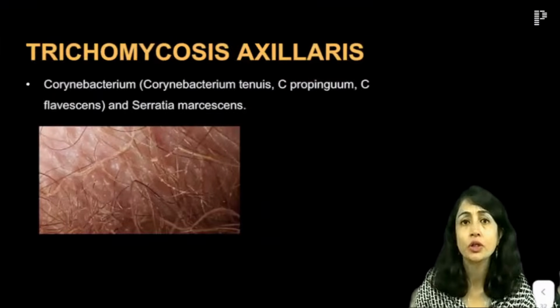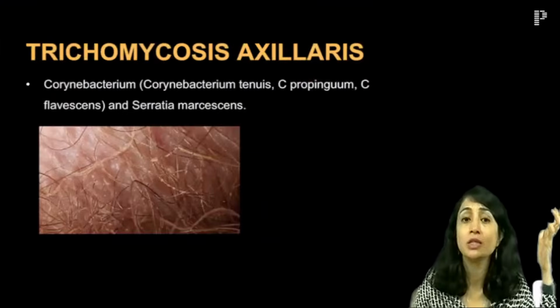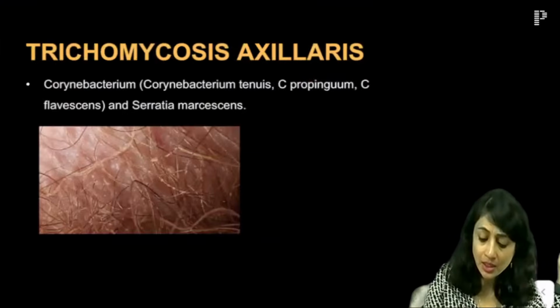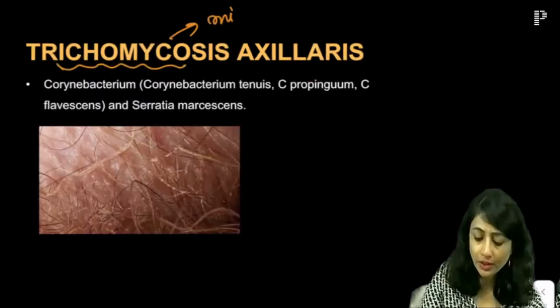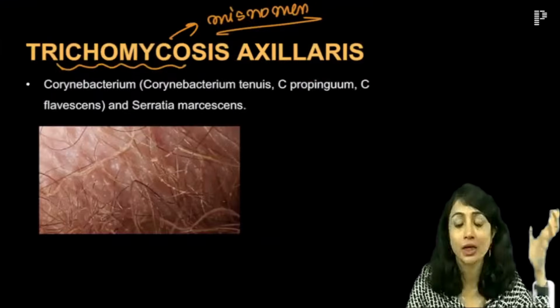The second important infection caused by Corynebacterium is trichomycosis axillaris. This is a misnomer, because mycosis means fungal, but this is not a fungal infection. It is a bacterial infection caused by Corynebacterium.